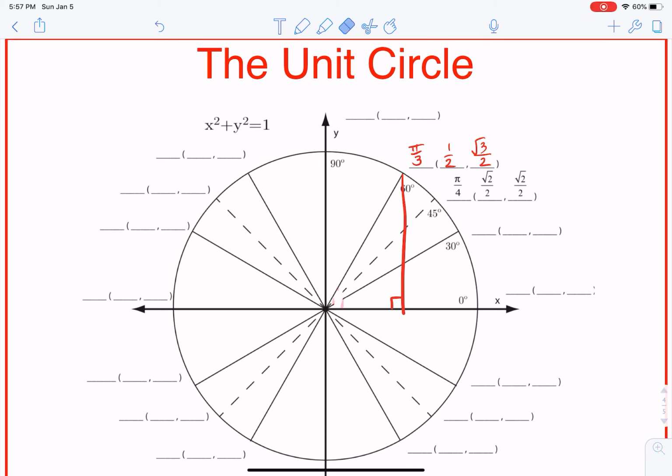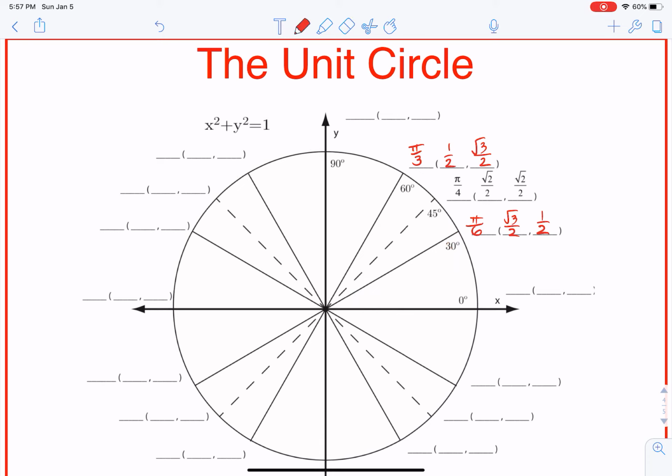And we can go ahead and erase this so we can keep moving. This was pi over 6 radians, not degrees, pi over 6 radians. And taking a look here, if I were to make this triangle, this would be the square root of 3 over 2 and 1/2 would be my coordinates there.